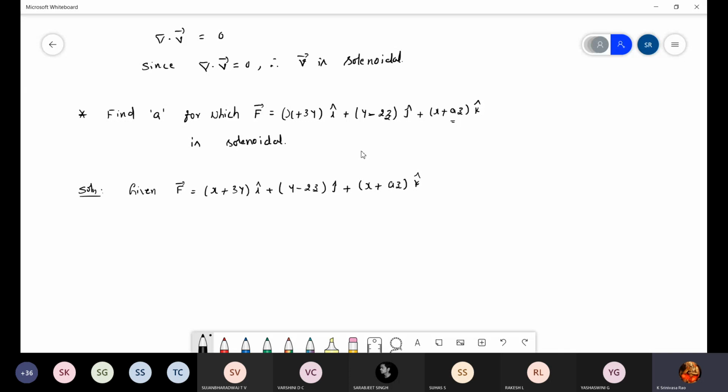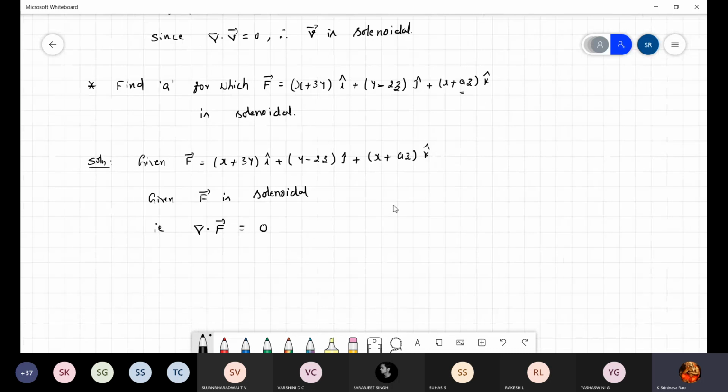Again, given F is solenoidal. That is del dot F equals 0. Because the given vector is solenoidal, therefore the divergence of that vector is equal to 0.